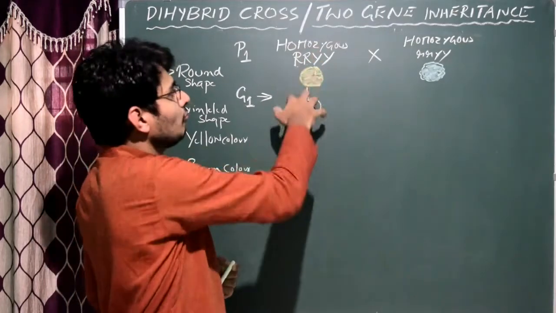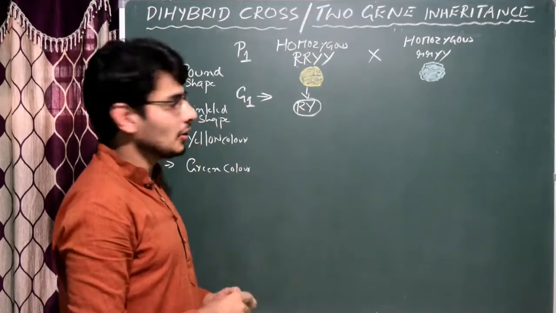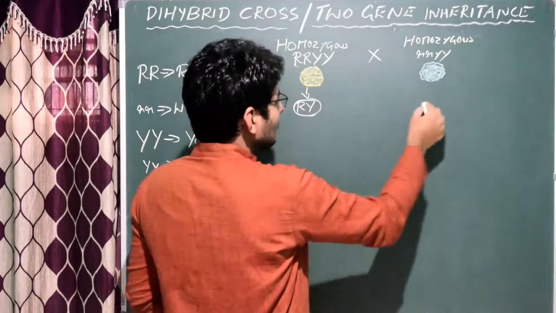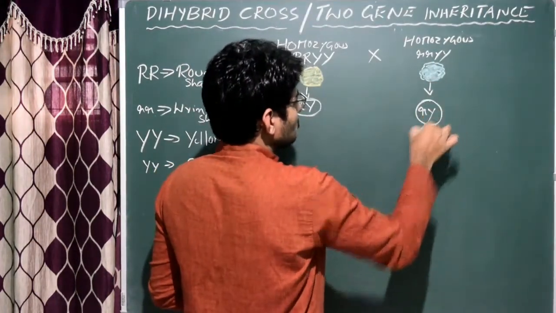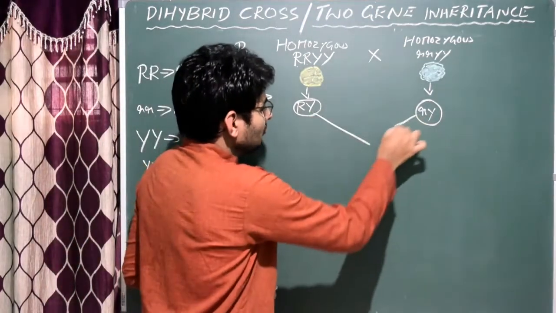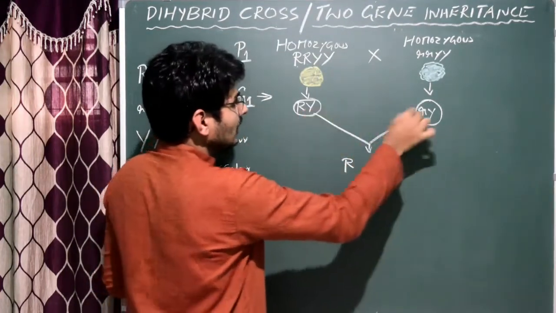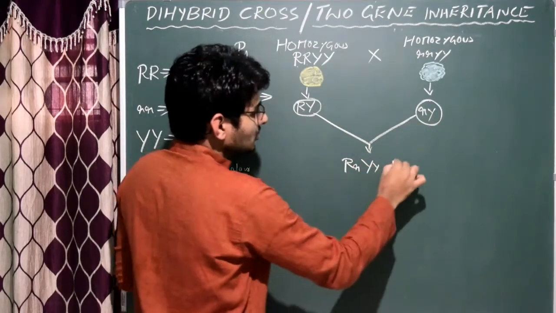Not all four genes will enter into one gamete, because a gamete contains only the haploid number of chromosomes or genes. Similarly, the other gamete of the recessive plant is small r, small y. During the fusion of the gametes, you get capital R small r, capital Y small y, which is heterozygous.